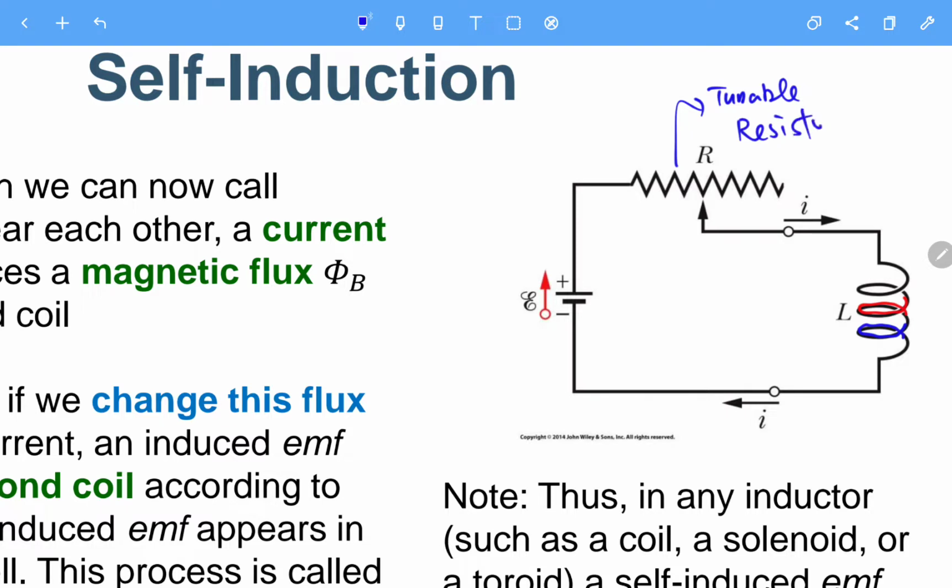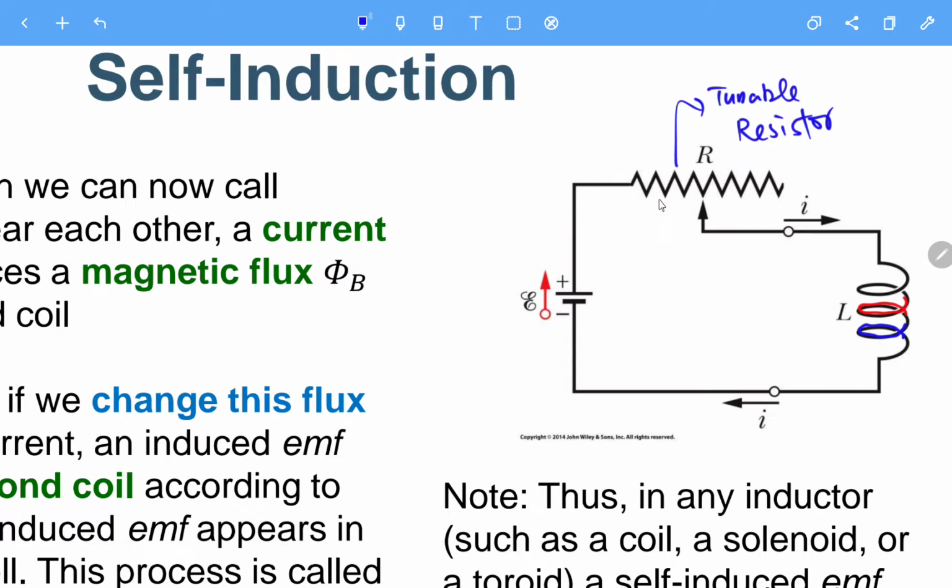If this tip point is here, then the current should go through the whole resistor, so the resistance is larger. If this tip point moves to somewhere here, then the current only goes through a shorter path. Most of the resistor, the current doesn't go through, so the resistance will be smaller.